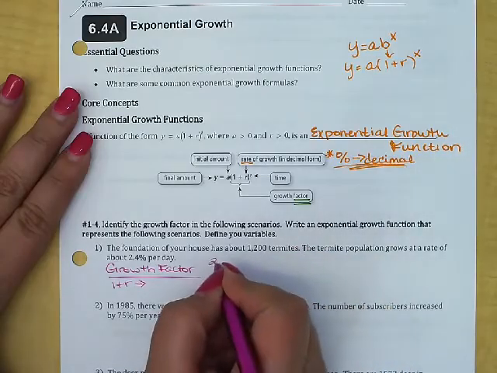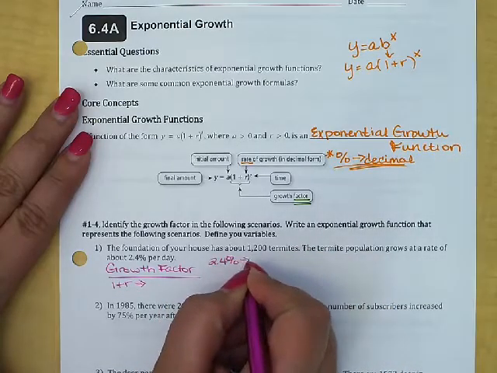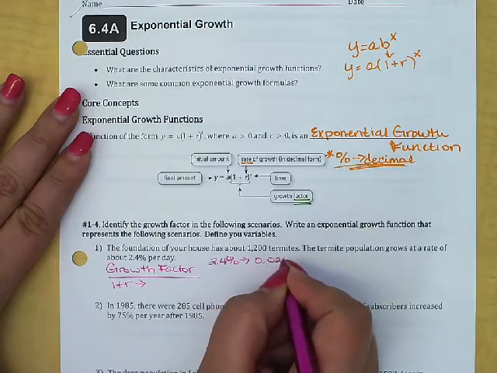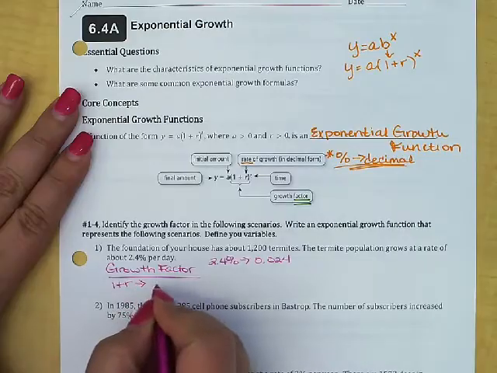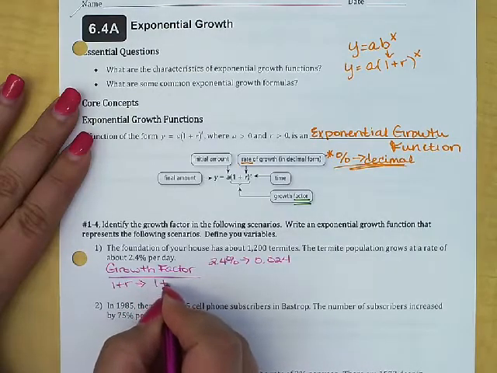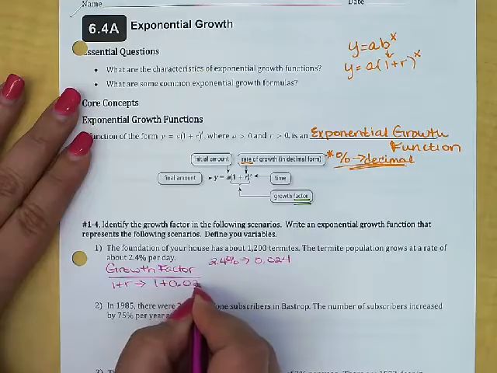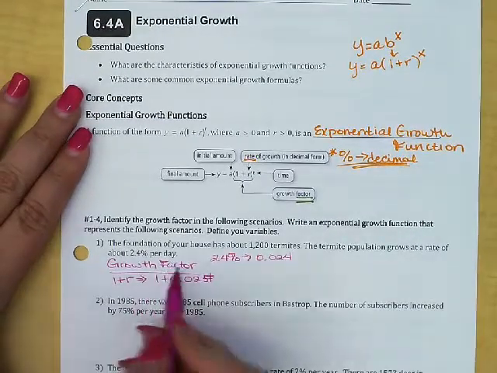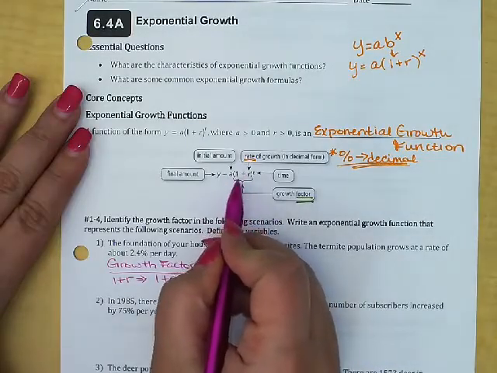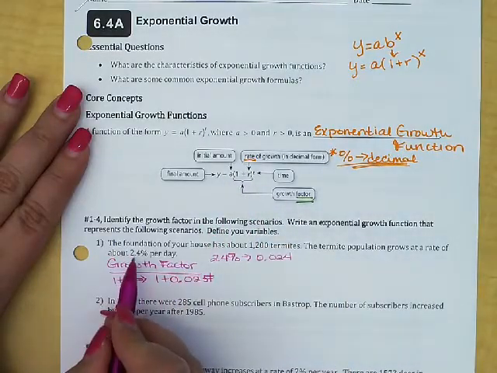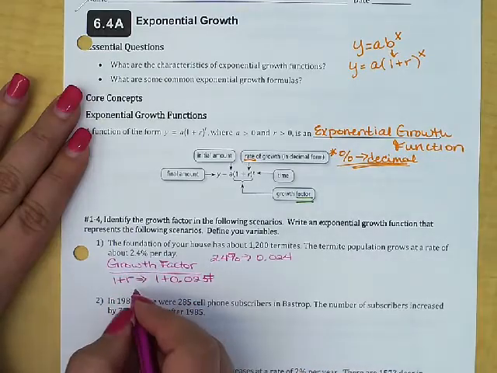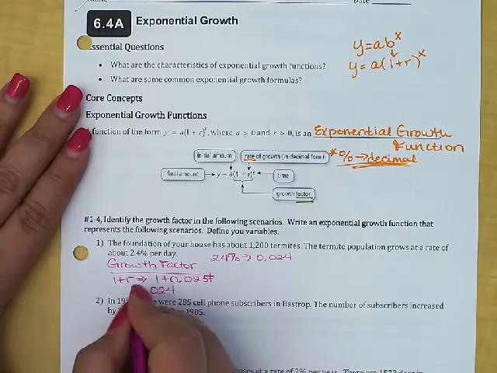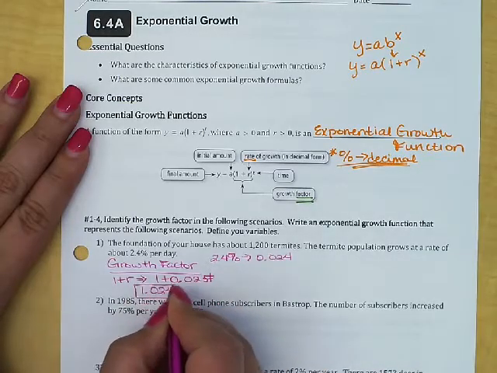We know that 2.4% is really 0.024. And so this is now going to become 1 plus that decimal. Oh, that's a 4, just kidding. And so our growth factor, our new multiplier, our b, is going to be 1 plus that percentage as a decimal. So for us, it is 1.024. That is our growth factor right there.